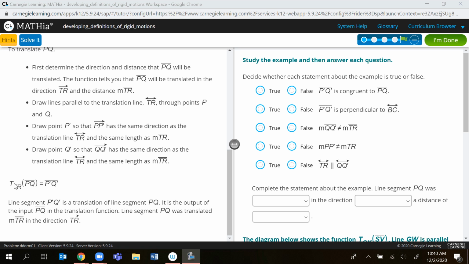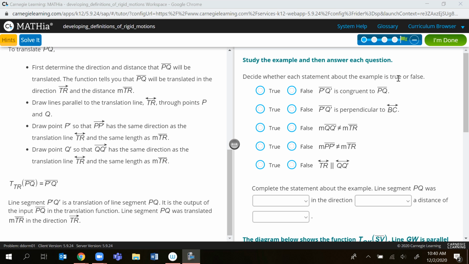So now we've got the translation direction with TR and length TR, and PQ becomes P prime Q prime. The line segment P prime Q prime is a translation of line segment PQ. It is the output of the input PQ in the translation function. Line segment PQ was translated the measure of TR in the direction of TR, the ray.